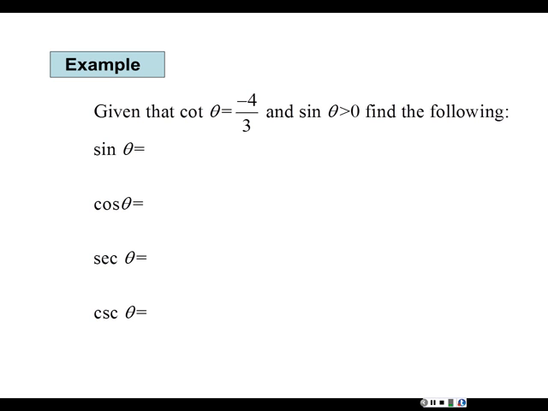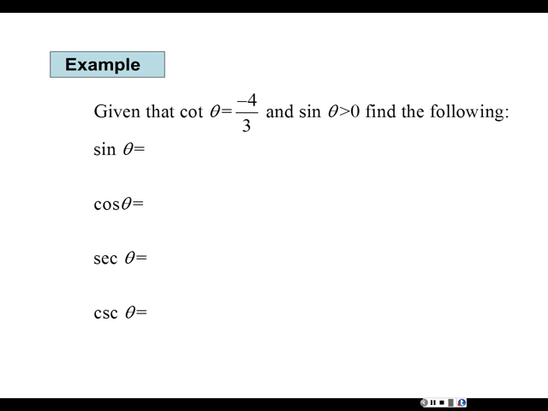How about the other two? Sec theta and cosec theta. So you have two options. Either you can write their original ratio, or you can get it from the reciprocal of cosine and sine, because sec is reciprocal of cosine, and cosec is reciprocal of sine.